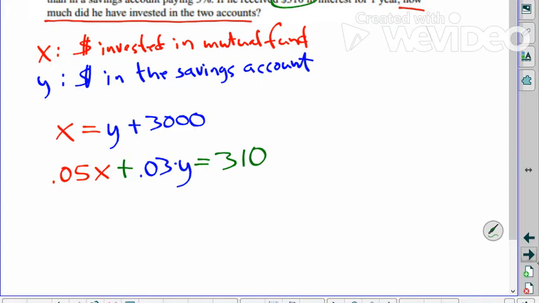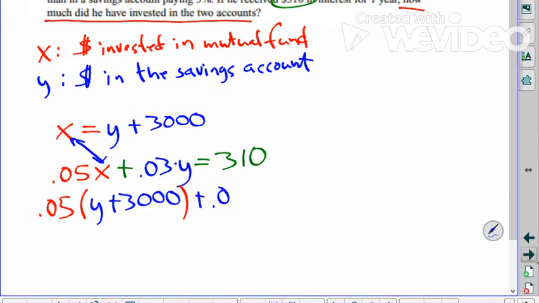So here are my two equations. The top one is set up to make a substitution. So I can do 0.05 times, following that substitution up there, x is the same thing as y plus 3,000, plus 0.03y is equal to $310.